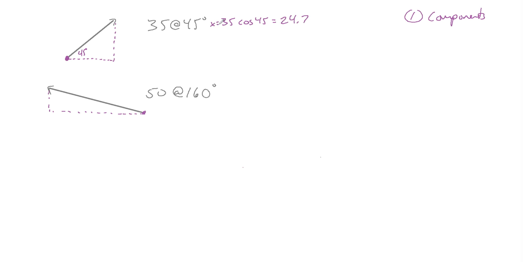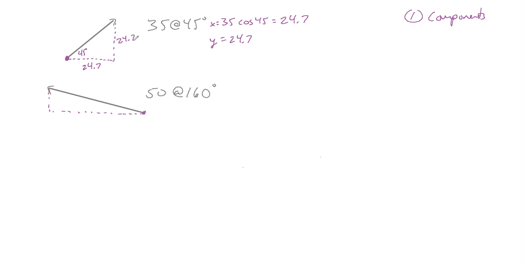It's a 45 degrees, so I know the 2 sides of my triangle are going to be equal to each other. So I know my y component is also going to be 24.7. So that's kind of nice. It's going to the right, x is positive. It's going up, y is positive. So that one's all taken care of.